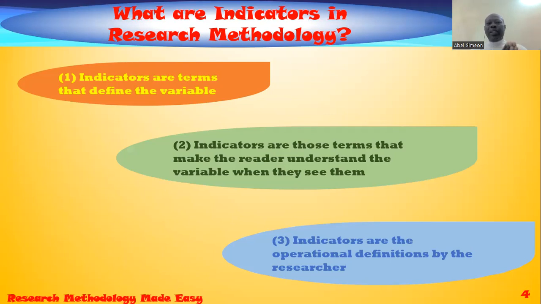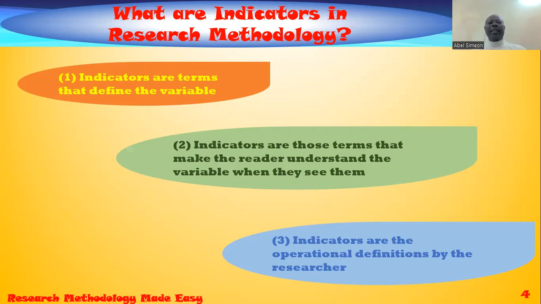But when you get the indicators of the independent variable, they are called factor dimensions. So you have to get the item dimensions so as to get beautiful correlational questions.